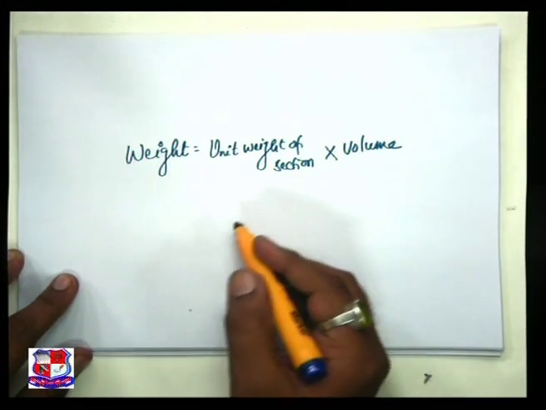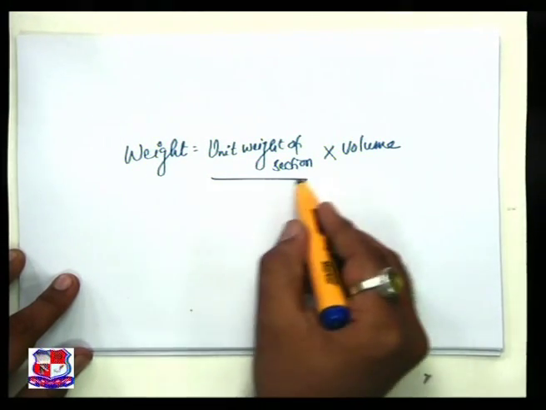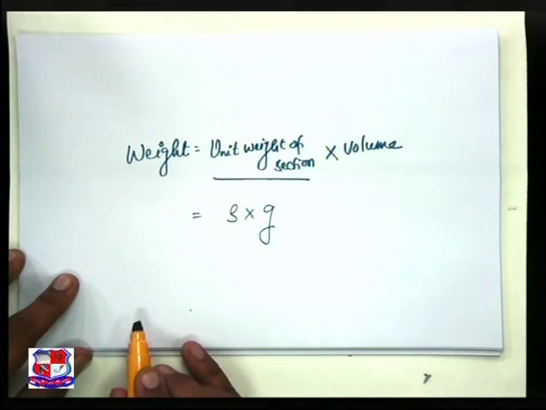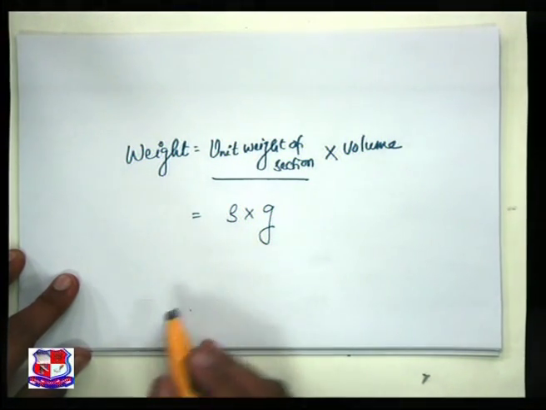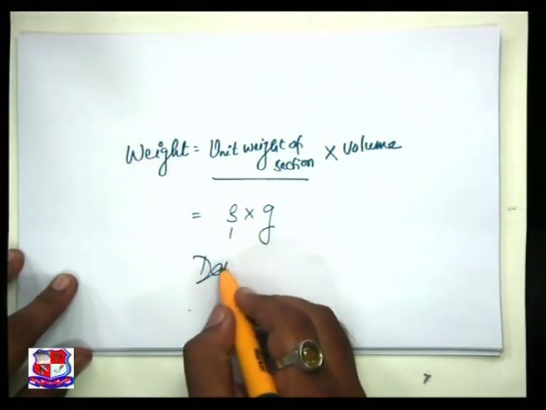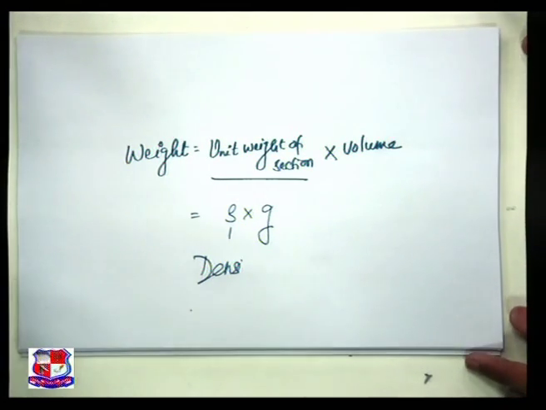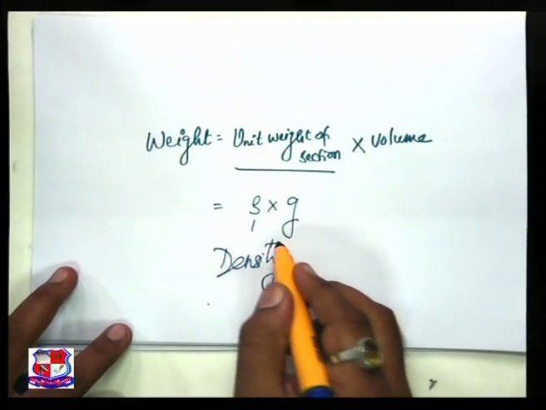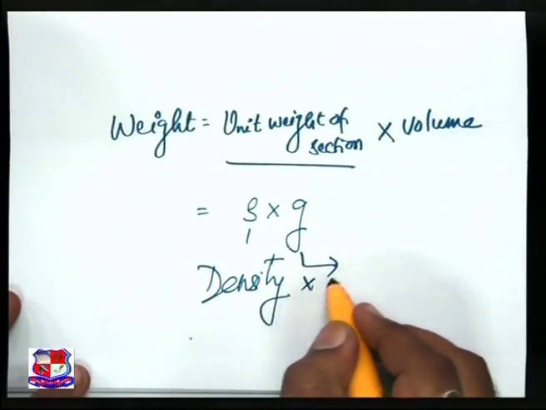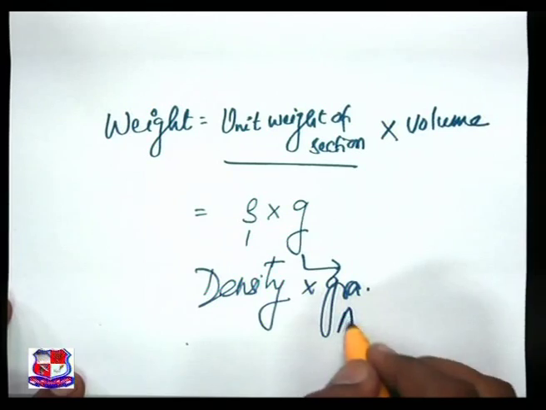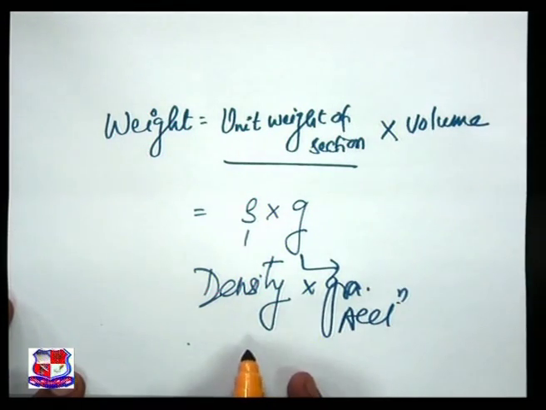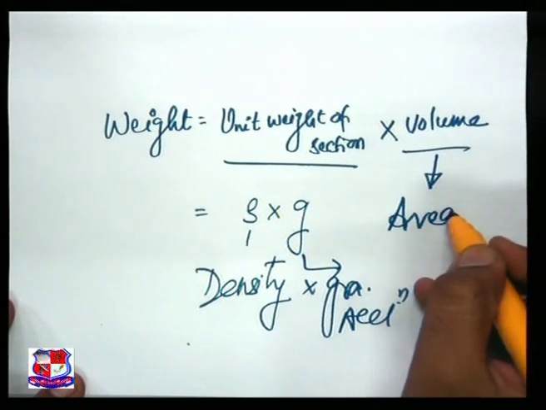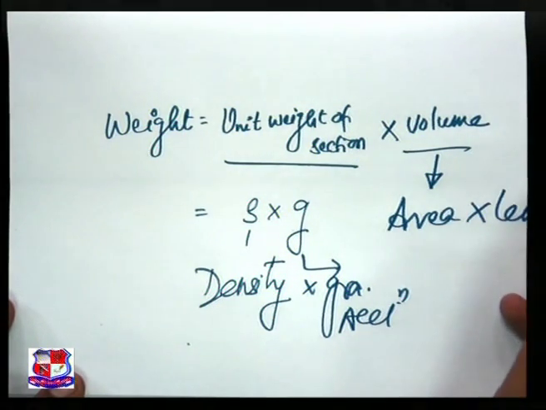Now, what is unit weight? Unit weight is nothing but rho into G, that is, density multiplied by gravitational acceleration. Now, what is volume? That is nothing but area multiplied by length.